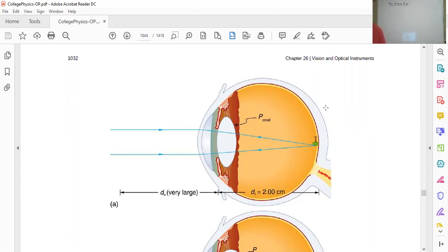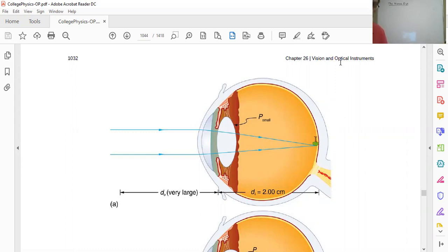The farthest object that you can see with your eye is called the far point. Now, for normal, or when I say normal, we really mean ideal vision, the far point is taken as infinity. Now you notice that in this picture, the distance from the cornea to the retina is 2.00 centimeters. But anyway, d sub I is 2.00 centimeters.